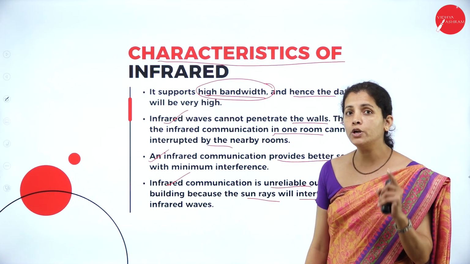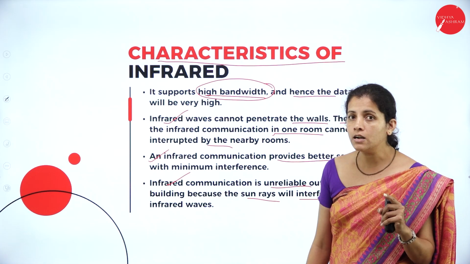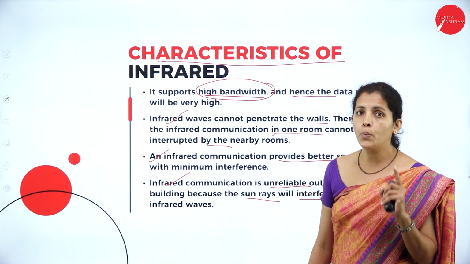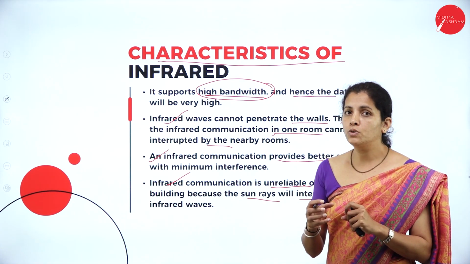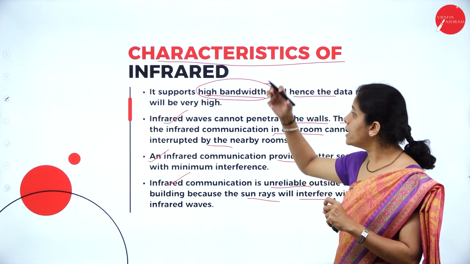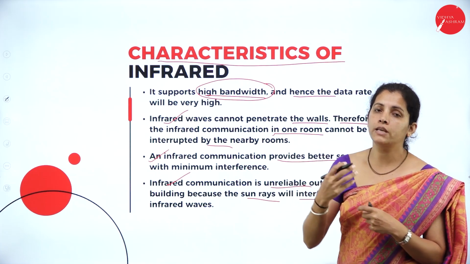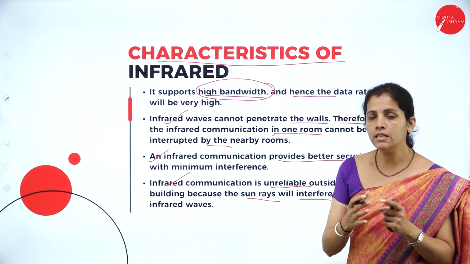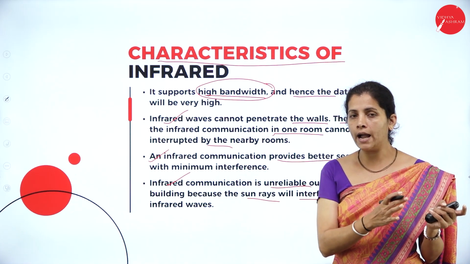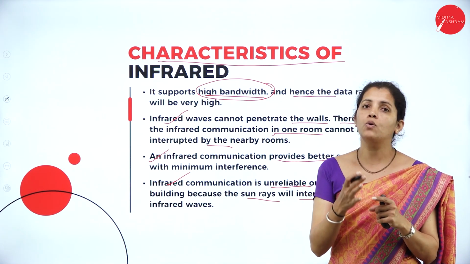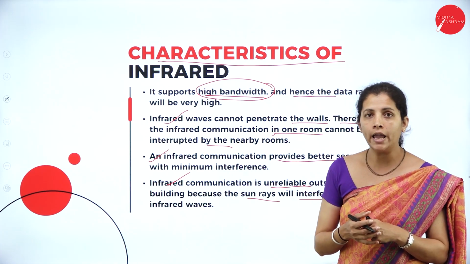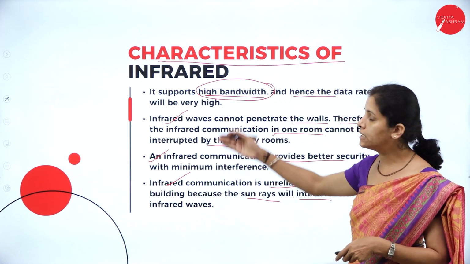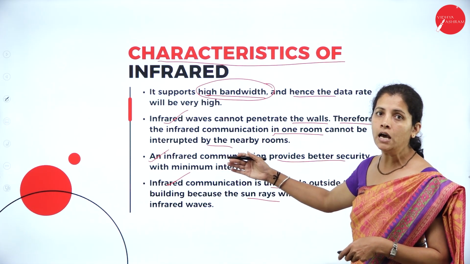For that reason, it is not possible to use infrared waves outside the building. Standing outside of my house, I am not able to turn off the TV or AC. So these are the characteristics of infrared.